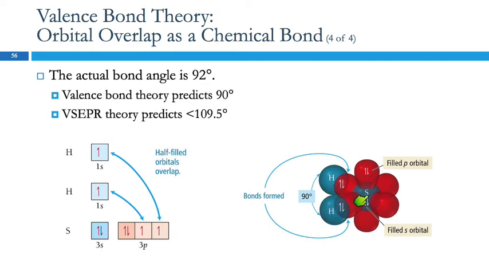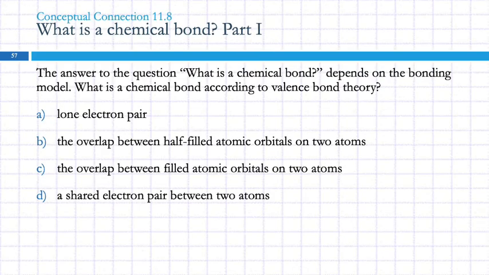So this bond angle here we would expect to be 90 degrees, but it's actually 92. And if we look at VSEPR theory, it's going to predict that it's less than 109.5, but definitely not 90, right? So there's something that's not quite right. These are pretty close, but still not really very great.